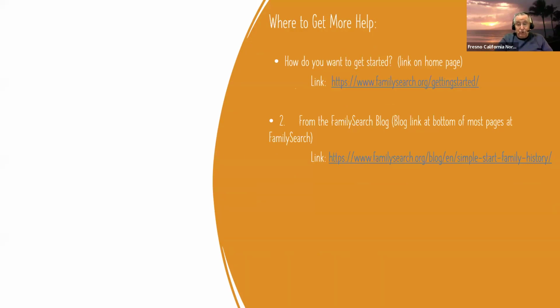Also from the FamilySearch blog, found down at the bottom of most of the pages in FamilySearch, there's a blog entry called Simple Start Family History, which is a blog, but it also goes through the steps of how to get started step by step. So FamilySearch has provided those 2 tools.